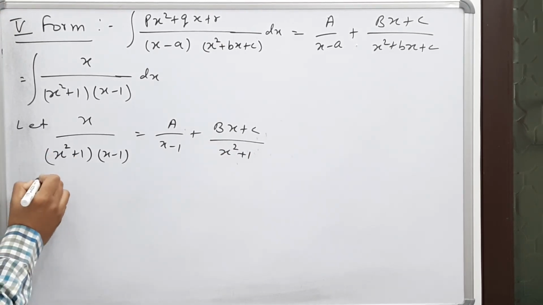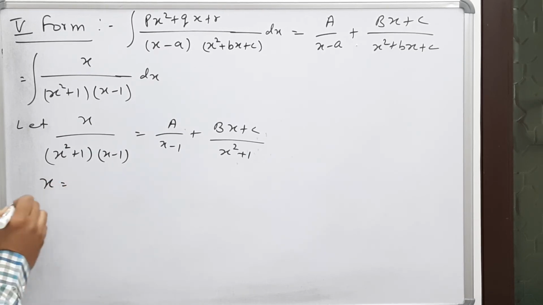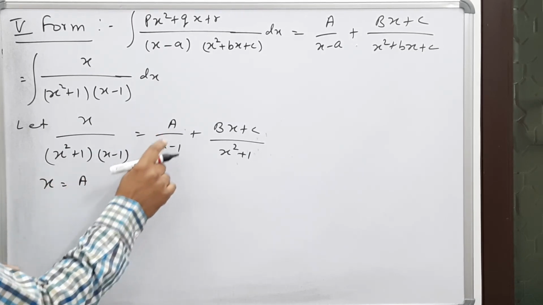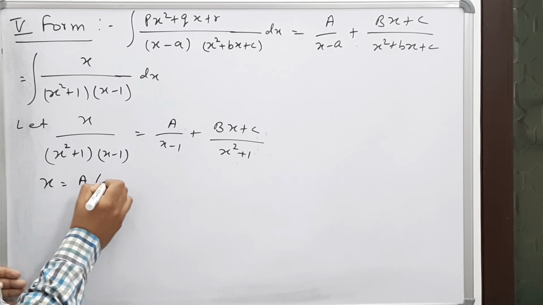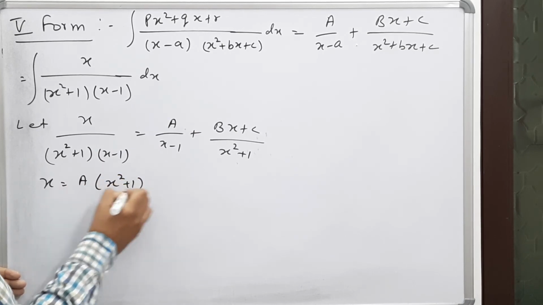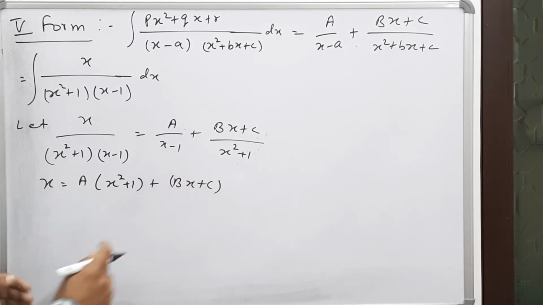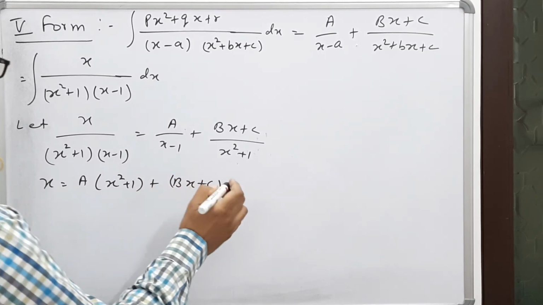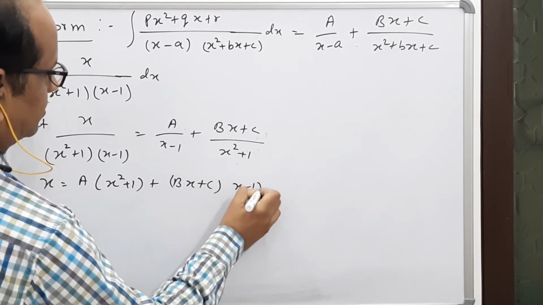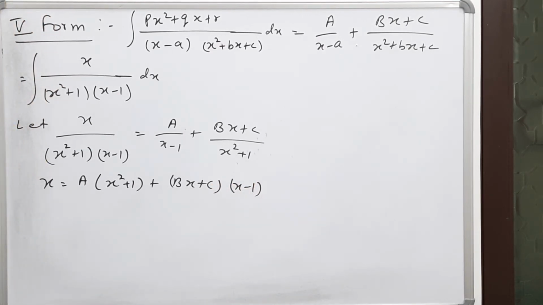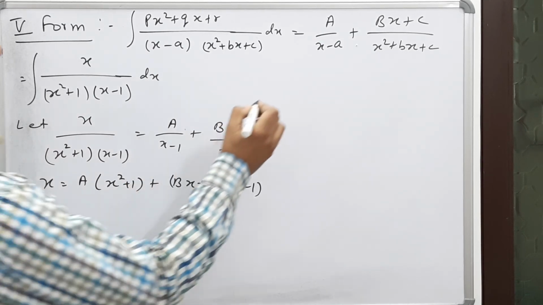Now when you take the LCM, it is x = A(x² + 1) + (Bx + C)(x − 1). See this step. In the next step, we put x = 1.